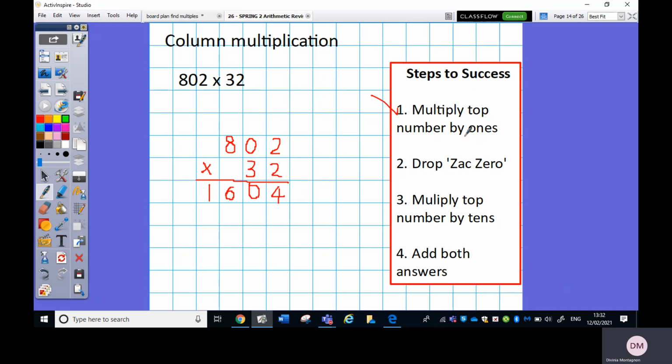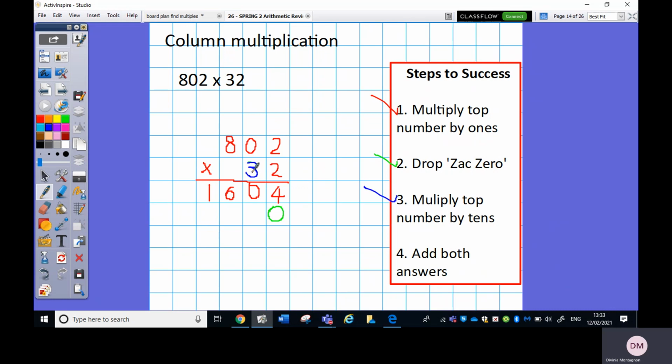So remember your second step. First of all, you need to drop ZAC the 0. And now we're going to multiply the top numbers by the tens. I'm going to change the color of the tens so that you can see the process that I'm going through when we multiply each number by the tens.